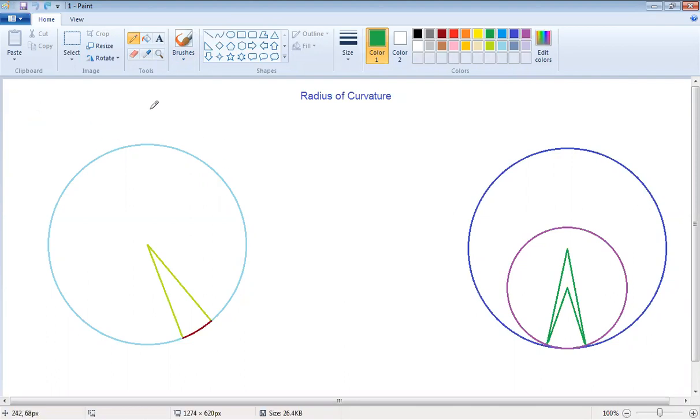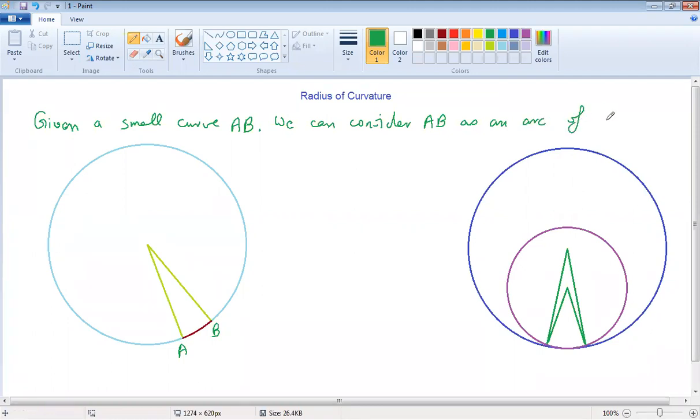Given a small curve, say AB, suppose this is that curve, we can consider AB as an arc of a circle.